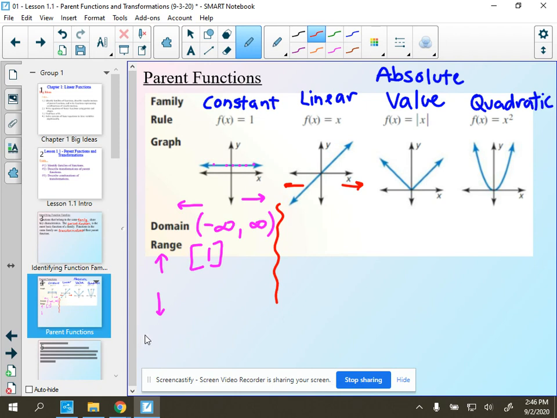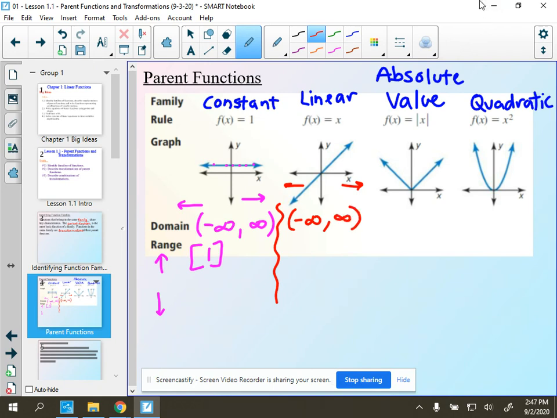So just like the first function, I have a domain that goes from negative infinity, forever left, and just like before, it goes to the right forever. This would continue to go right, right, right.